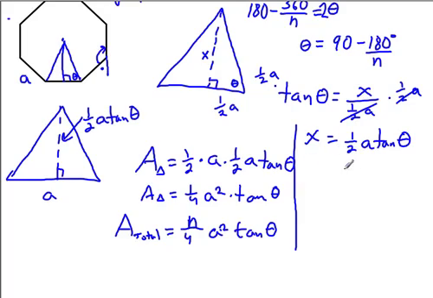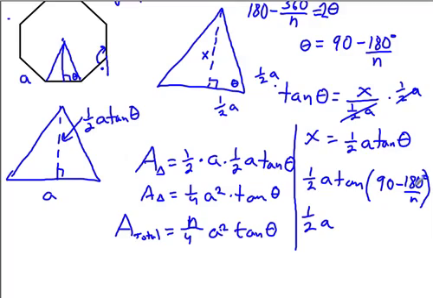So we have half a tan theta, and theta is 90 minus 180 over n, then that's going to be half a, and 90 minus some value gives us cotangent of that value. So this is going to be cotangent 180 over n.